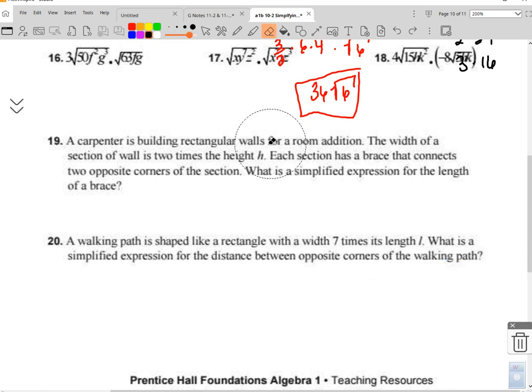I'm going to tell you what to write so you don't have to write the whole thing. You're going to write rectangular room. And you're going to say the width. It tells you here the width is 2 times the height. So the width equals 2 times the height.